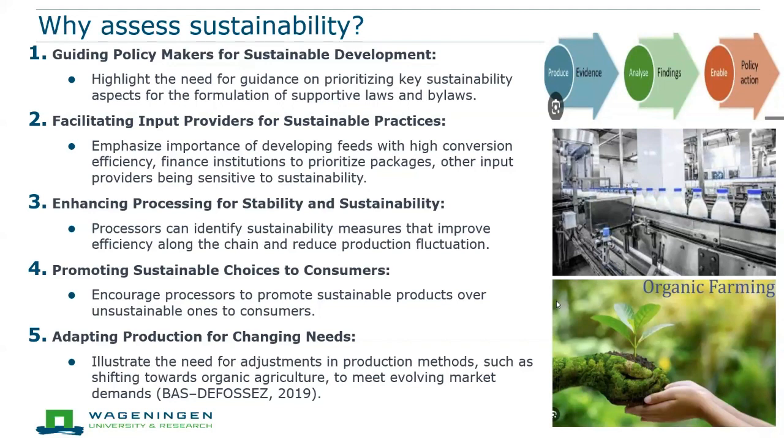We also will look at consumers. Consumers also would want to know that products they consume come from a sustainable chain, and we can illustrate a need for adjustment in production methods, such as shifting towards more organic agriculture to meet the evolving market demands.